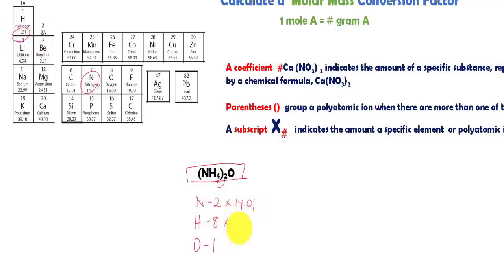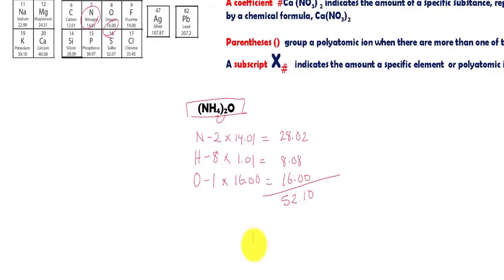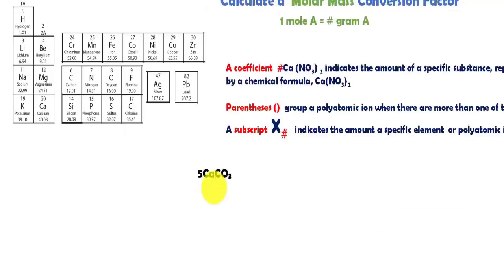Hydrogen is 1.01. Oxygen again is 16.0. We use our calculator to multiply. We have 28.02, 8.08, and 16.00. And we add them all together. We have 52.10. Expressed as a molar mass, we have 1 mole of this substance equal to 52.10 grams of this substance.